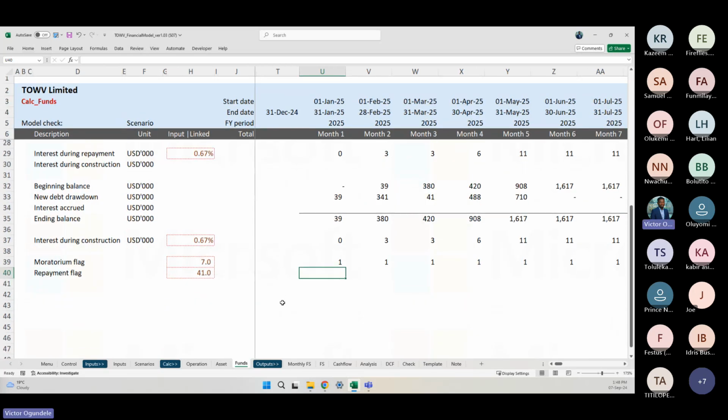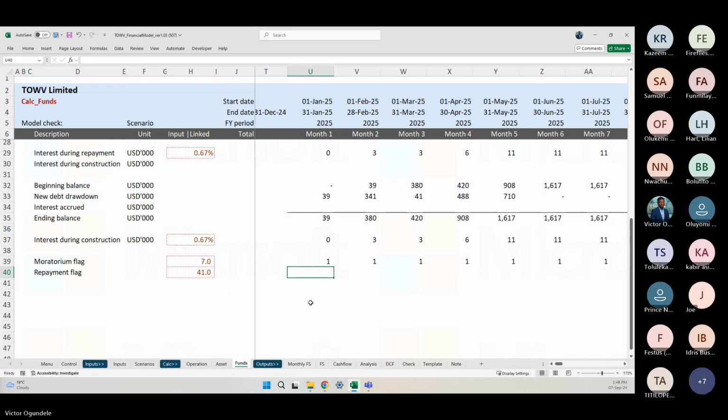Now for the repayment flag, we are going to need two conditional statements. The first one is that our period here should be above our moratorium flag, and also the date should be lesser than our moratorium flag plus our repayment period.